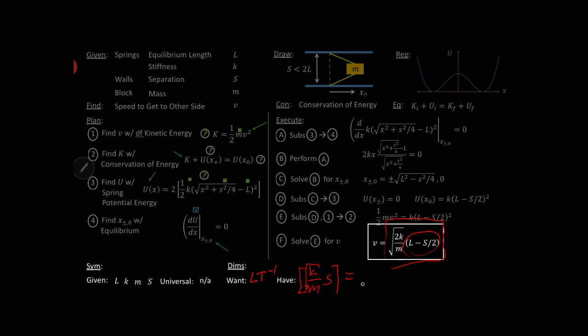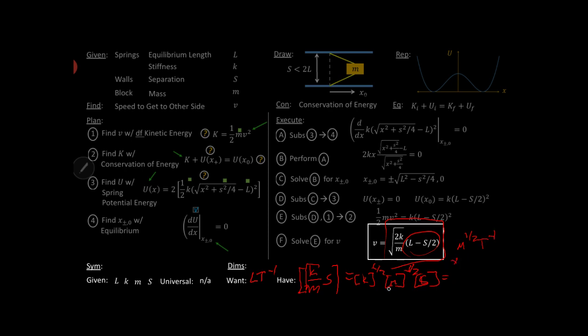So then we look at this and we say, okay, we've got the square root of k over m, so that means we have k to the 1/2 and m to the minus 1/2, and S. K is kilograms per second squared. So the square root of that is 1/2 a mass and 1 inverse second.